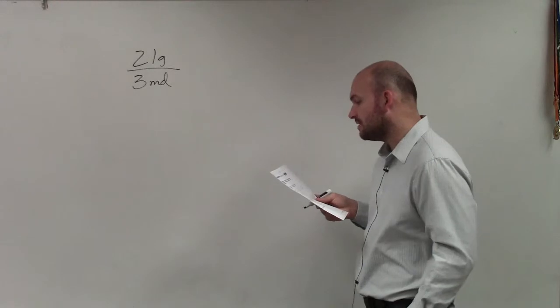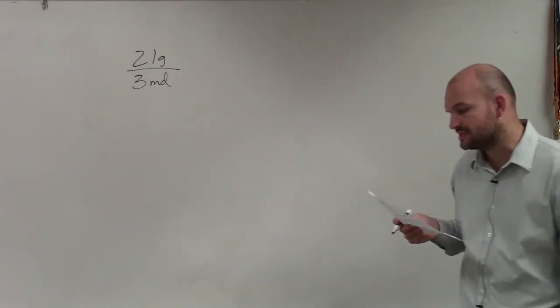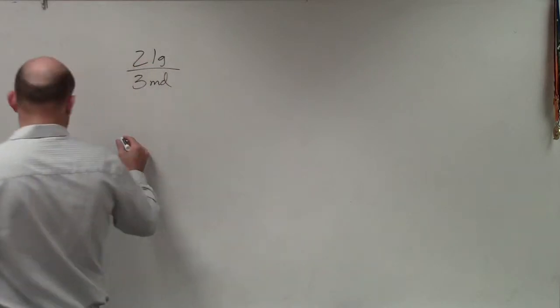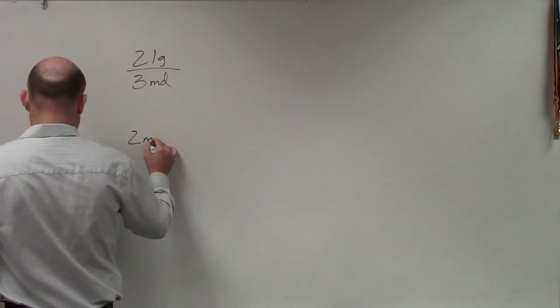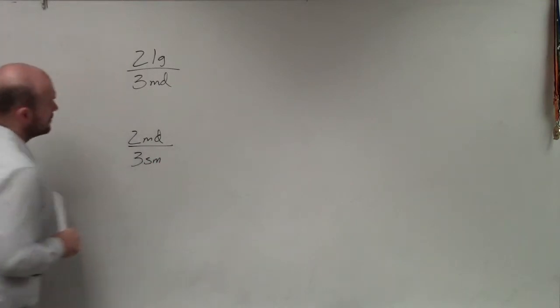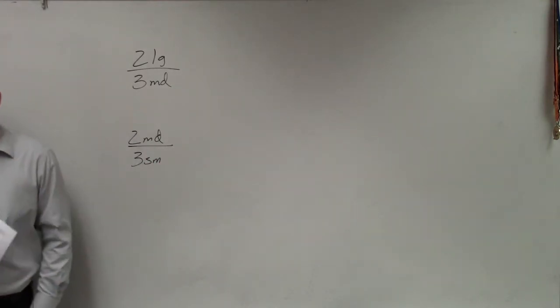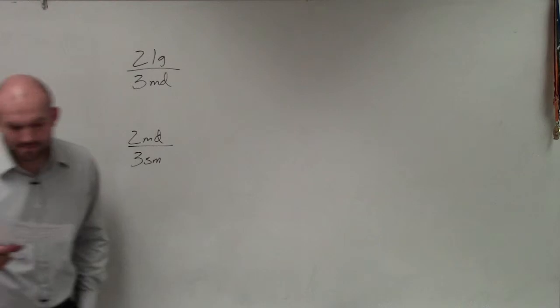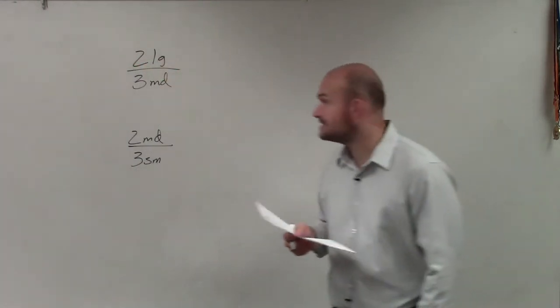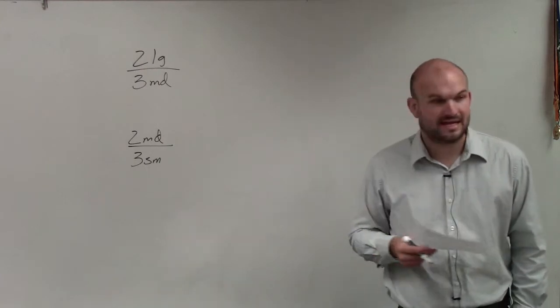And then the other one that they gave us was 2 medium sodas contain the same amount as 3 small sodas. Does everybody agree with me with these kind of 2 ratios, right? And then basically what they're asking us is how many small sodas contain the same amount as 8 large sodas.